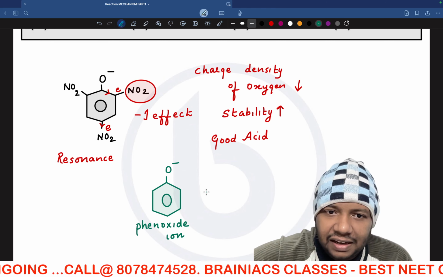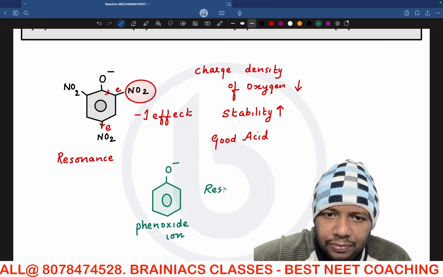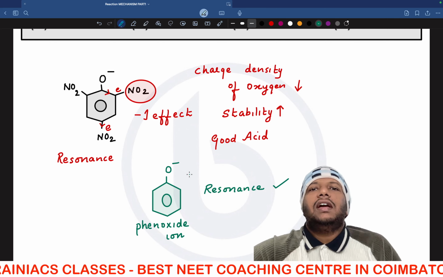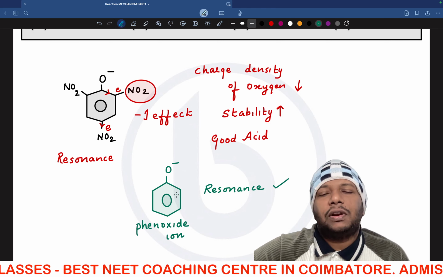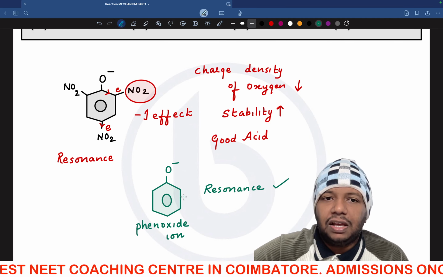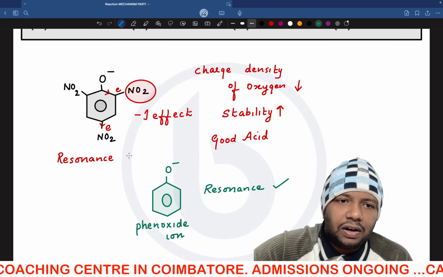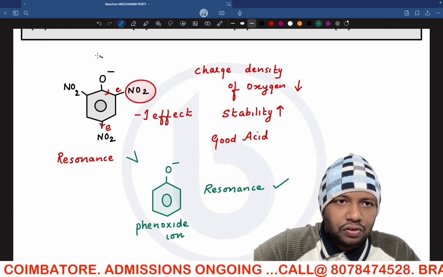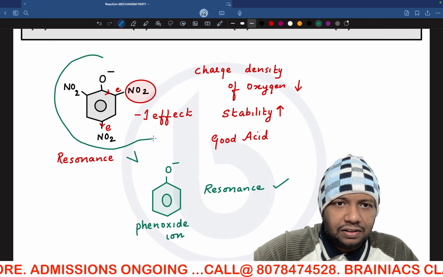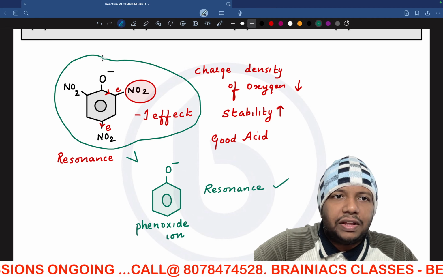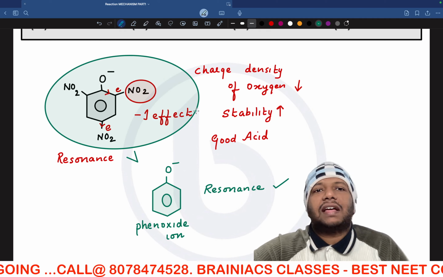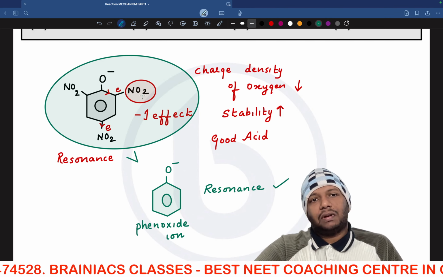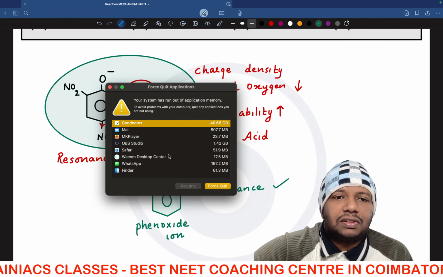So resonance is present, but there is no minus I effect of the NO2 group that gives extra stability. So this one is more stable than the phenoxide ion. What is the meaning of that? If this is more stable, the corresponding acid would be a stronger acid because it can leave the H plus and this would remain more stable here.